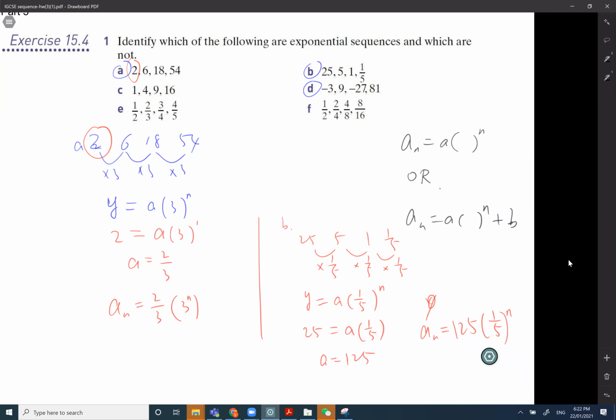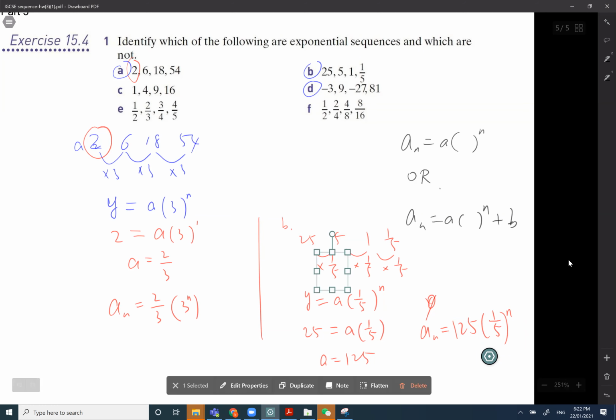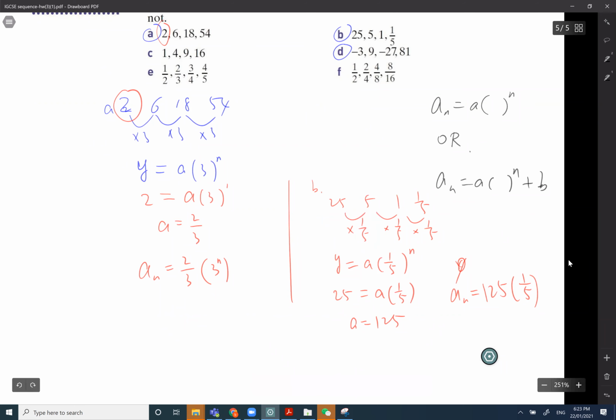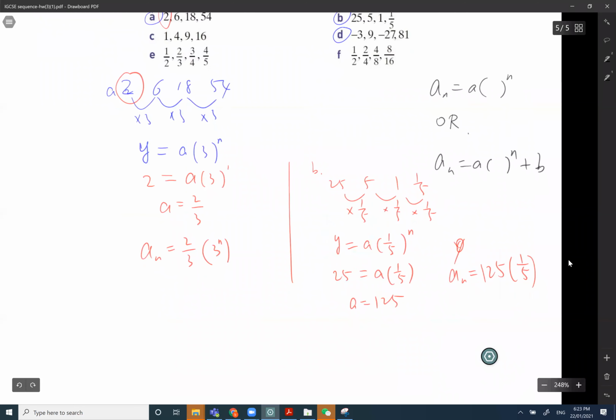Let's do D. D we always times by -3. That means y equals a times -3 to the power n.